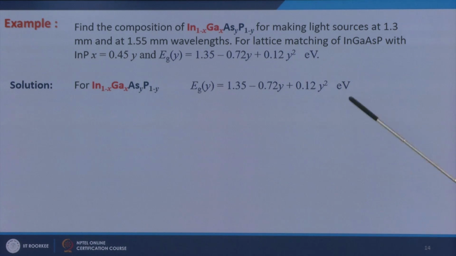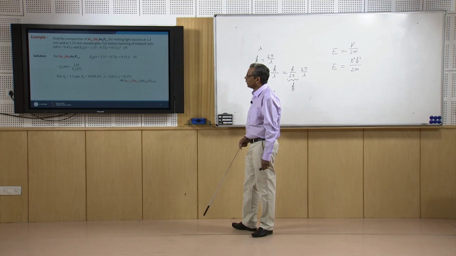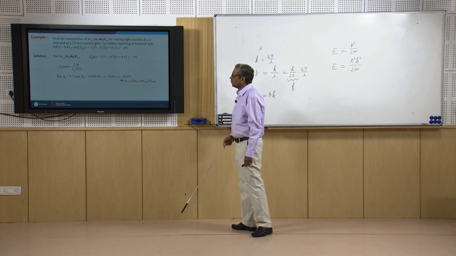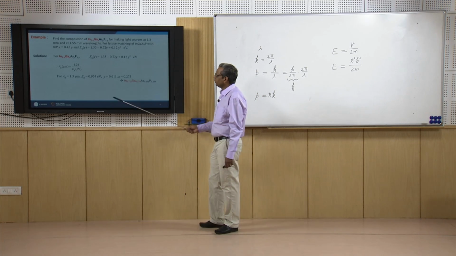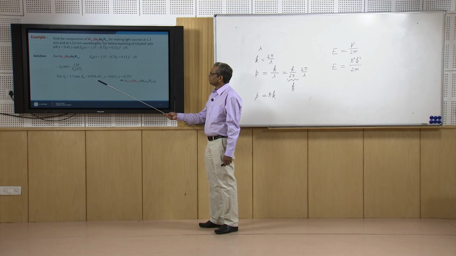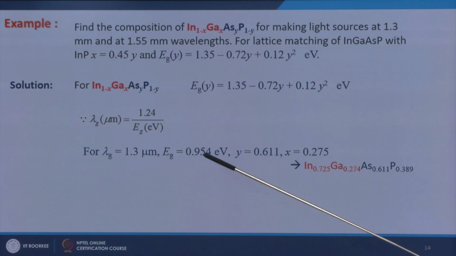Since Eg is given by this, and I know that lambda g is equal to 1.24 divided by Eg, if I want to make a source at 1.3 micrometer wavelength, I can find out Eg corresponding to 1.3 micrometer. This gives me Eg is equal to 0.954 electron volt.